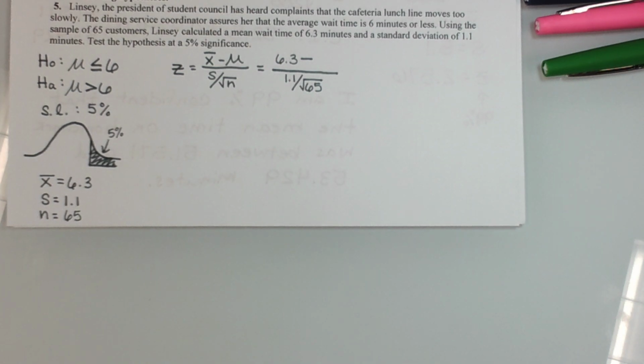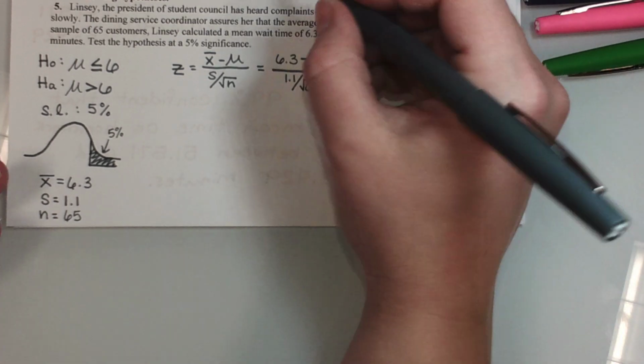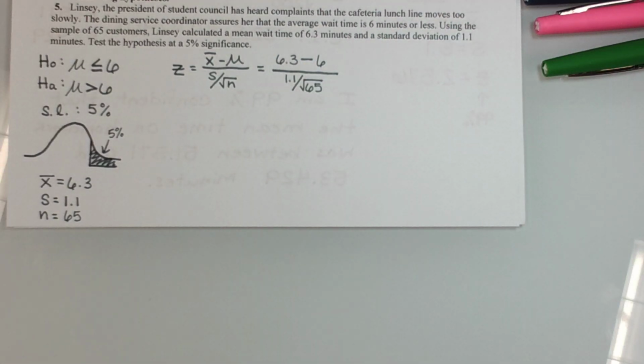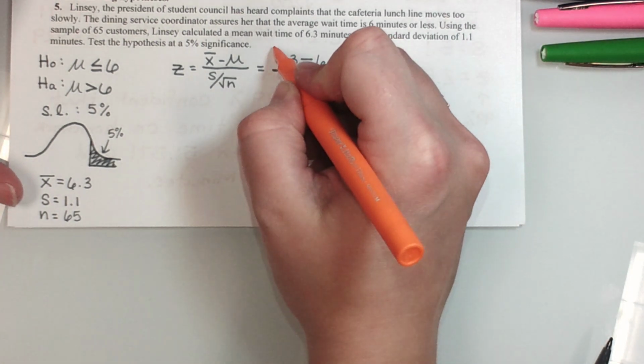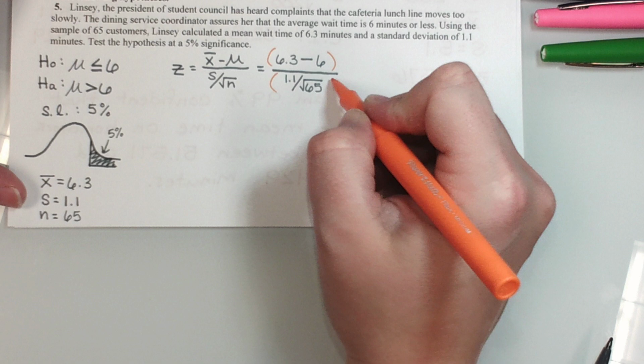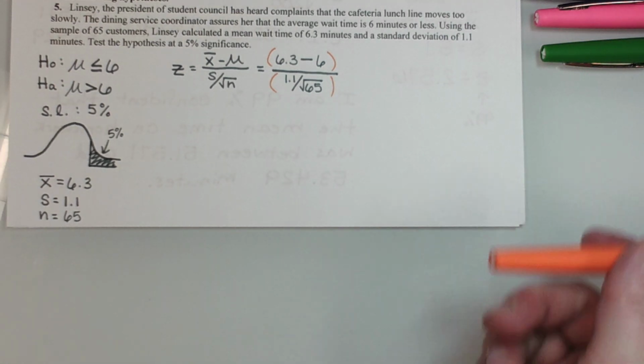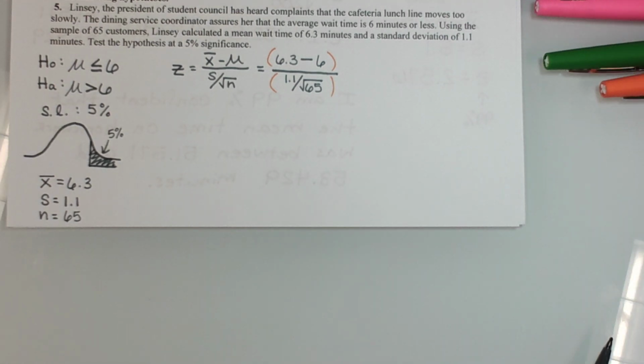Mu is the population mean according to the expert. According to the expert, it is less than or equal to 6. For the threshold, we just write 6. I could type that into a calculator. It's very calculator friendly if I put what on it? Parentheses where? Top and bottom. It is a z-value. How many decimal points should I go to? 2.